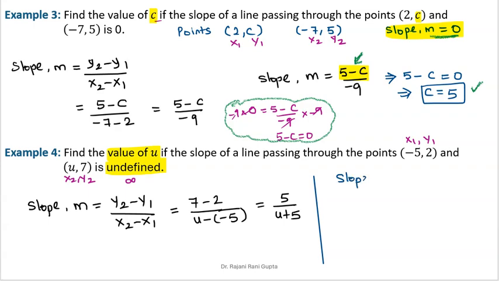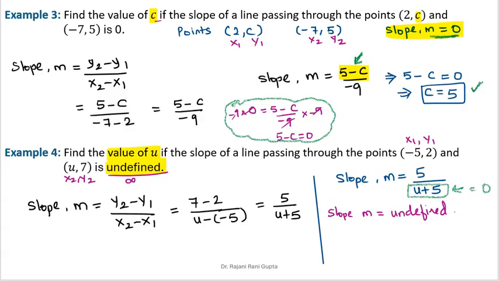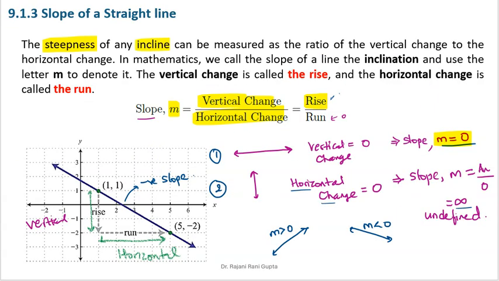Okay. So in this case, you got the slope m is 5 over u plus 5. But what is given? It is given that the slope is undefined. So slope m is undefined. Yes, it becomes undefined only if the denominator, this term, becomes 0. Remember this? This becomes undefined if the denominator is 0.